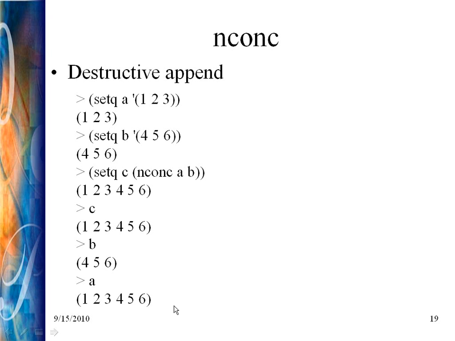Now, an important thing about destructive functions is that even though you might look at them and think, oh, after I do an nconc of A and B, I can depend on A being the concatenation of the two lists, that's not true.